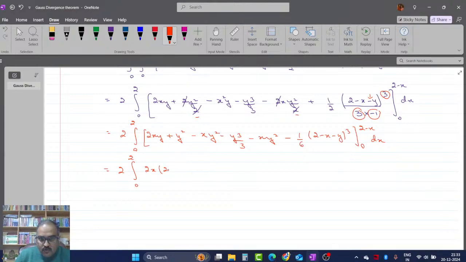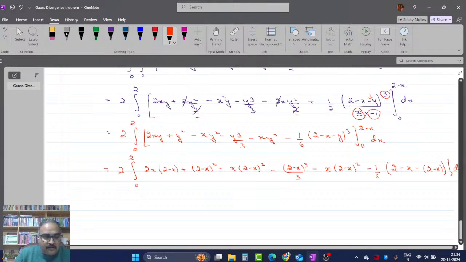Y is what, 2 minus of x plus 2 minus of x whole square minus of x 2 minus of x whole square minus of 2 minus of x whole cube by 3 minus of x into 2 minus of x whole square minus 1 by 6 2 minus of x minus of 2 minus of x and d of x.